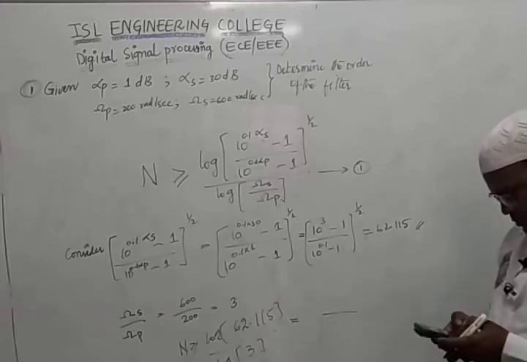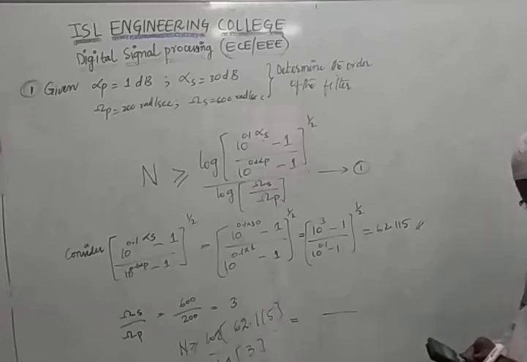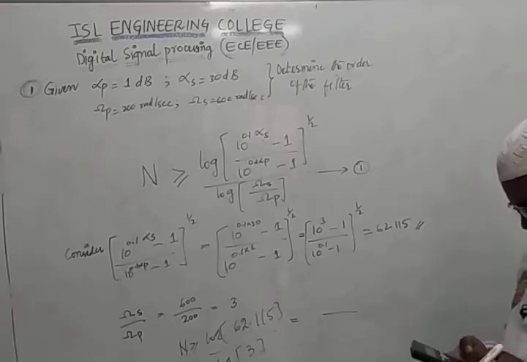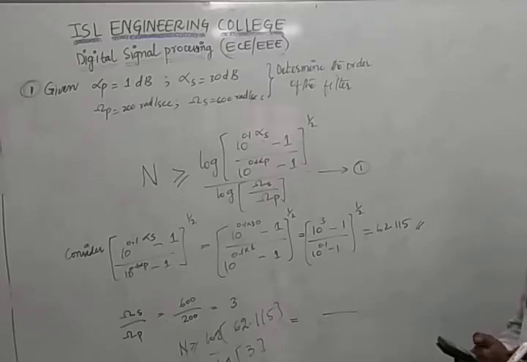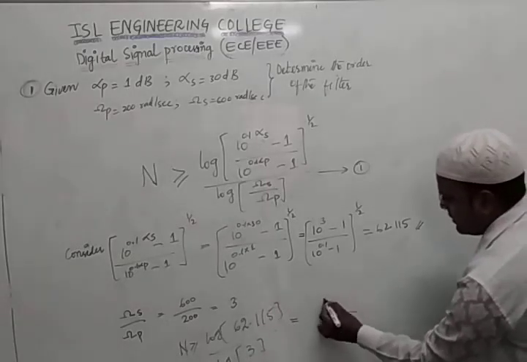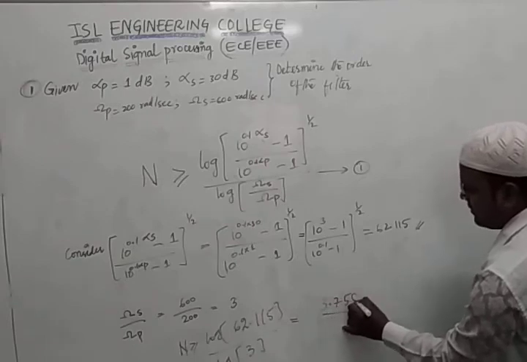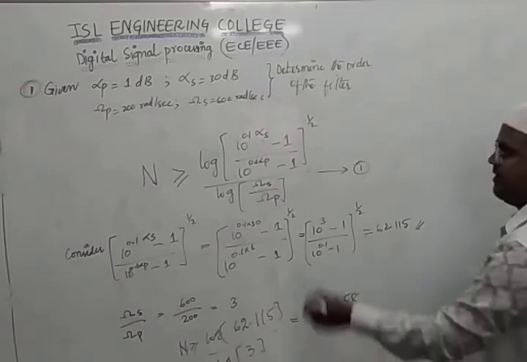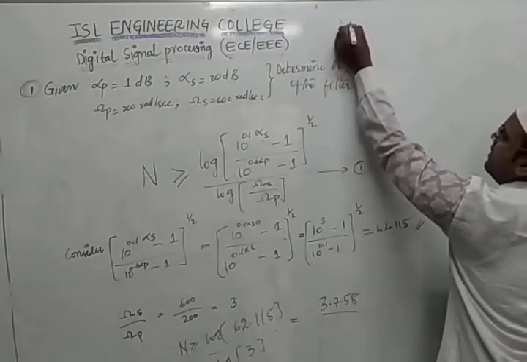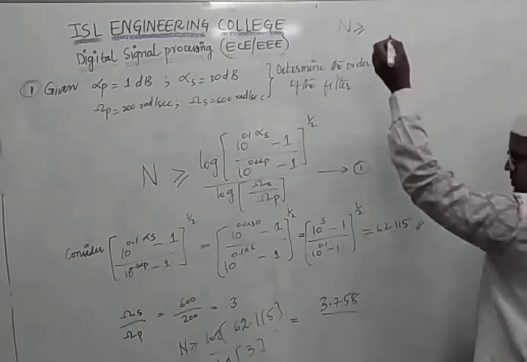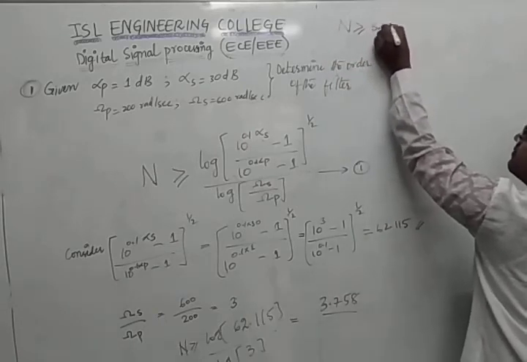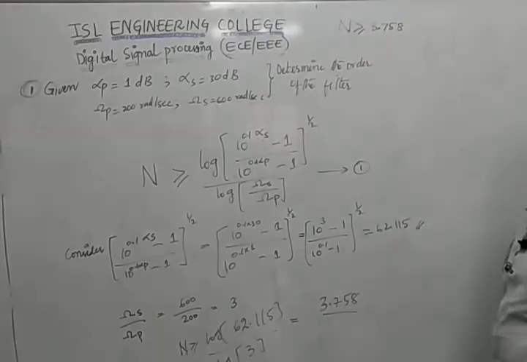So log of 62.115 divided by log of 3. So I'm getting 3.758. So the answer for this will be 3.758. So what we got, students? We got n. So n is greater than or equal to 3.758. So this is the n value.